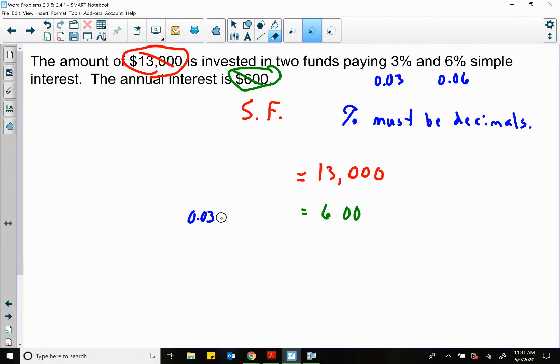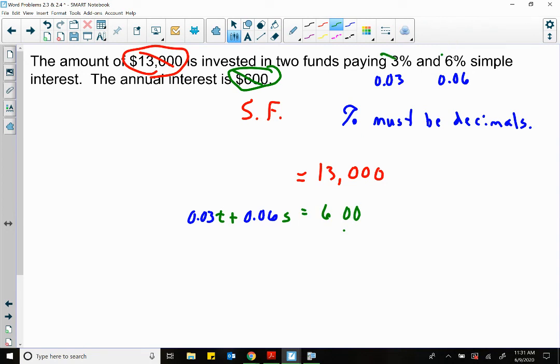Okay? So there's the 3%, T, plus 0.06, and since this is 6%, I'm going to call that S. This equation makes sense. This is interest, this is interest, this is interest.